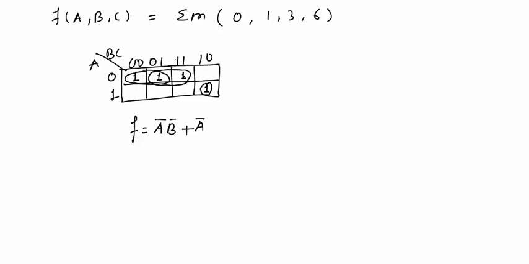For these two 1s, B is changing, C is constant 1, that is C. Plus, for this single one, A is 1, B is 1, C is 0. So A B C bar. This is the final expression in the most simplified form.